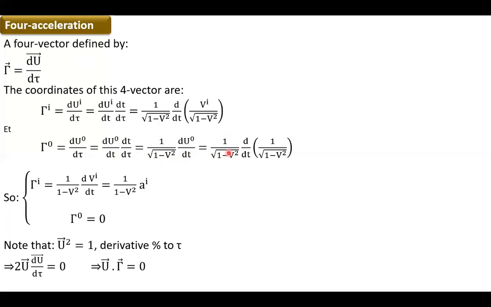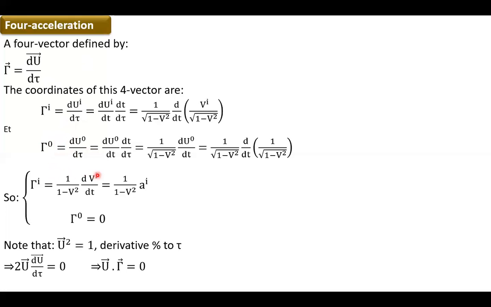So it's 1 over the radical 1 minus v squared, d over dt of u0. u0 is 1 over the radical 1 minus v squared. So you have these 4 coordinates for the 4 acceleration vector. So it's gamma i from 1 to 3, and gamma 0 is the time coordinate of the acceleration.